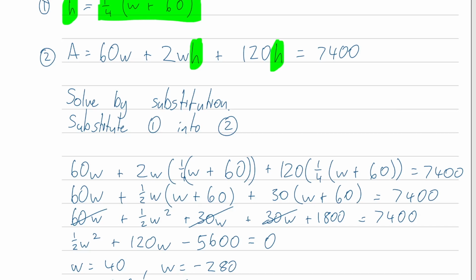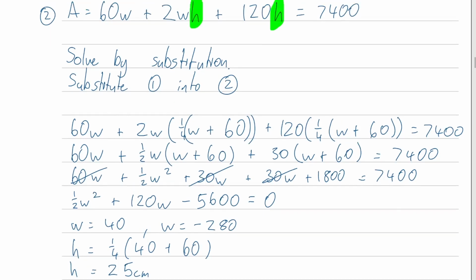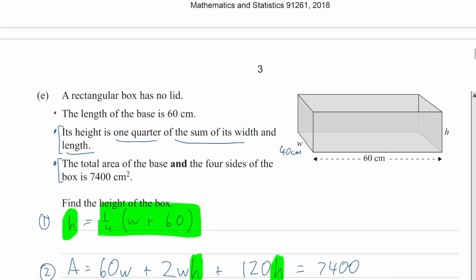Right, so I'm using equation 1, and I just substituted in the width. And that simplifies to a quarter times 100, which gives us 25 centimeters. So the height of this box is 25 centimeters.